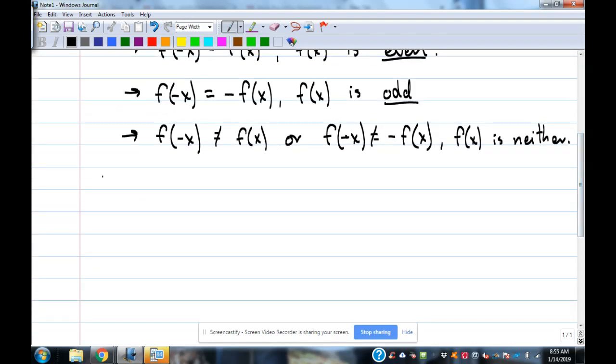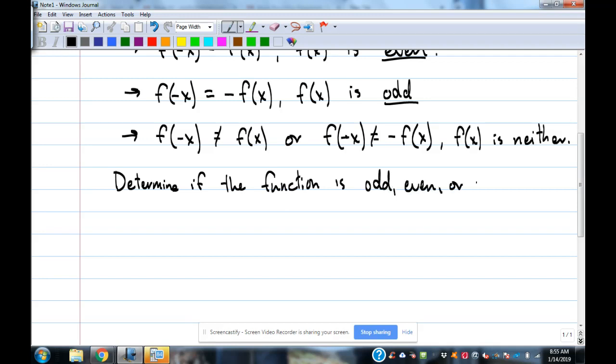All right, let's do some examples. Determine if the function is odd, even, or neither. Example A. Here's our function, f of x is equal to negative 3x to the fourth plus 6x squared.